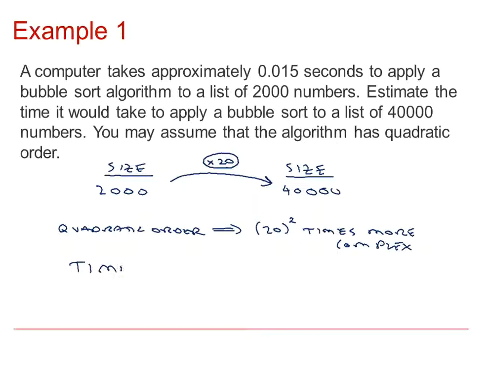So the time for this second problem is going to be the original 0.015 seconds times 20 squared to take into account the complexity. So the approximate time for this new problem would be 6 seconds.